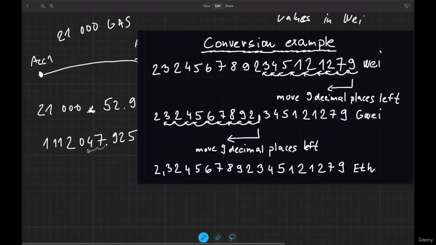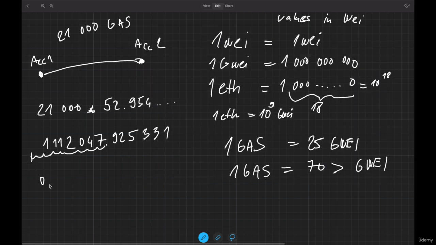So 1, 2, 3, 4, 5, 6, 7, 8, 9. So it will be 0.001120479253 31 ETH that I need to pay for a transaction. All right, so that's how much of an ETH I need to pay.